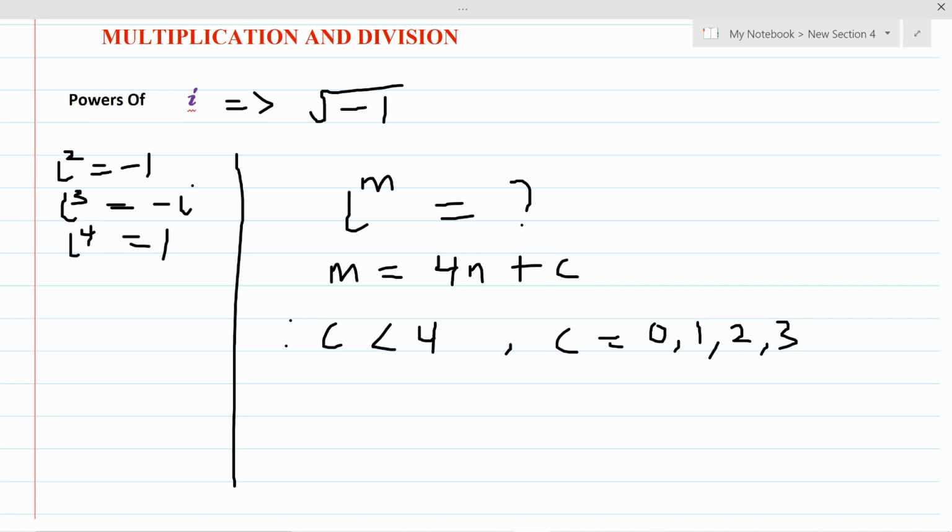This m should belong to the natural numbers before this works.